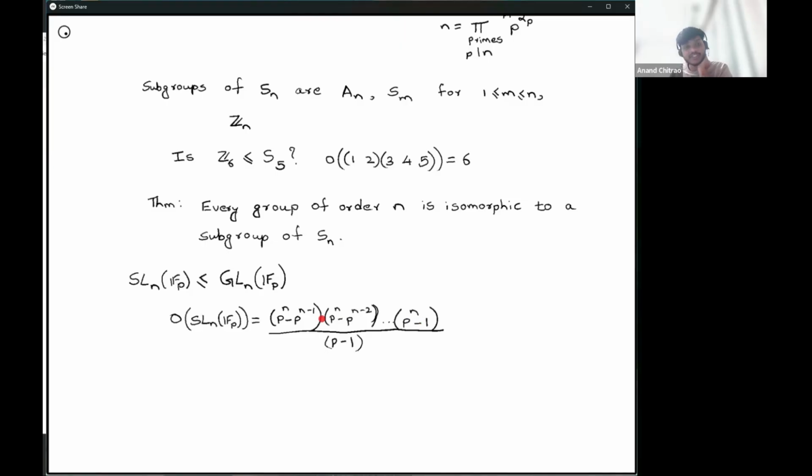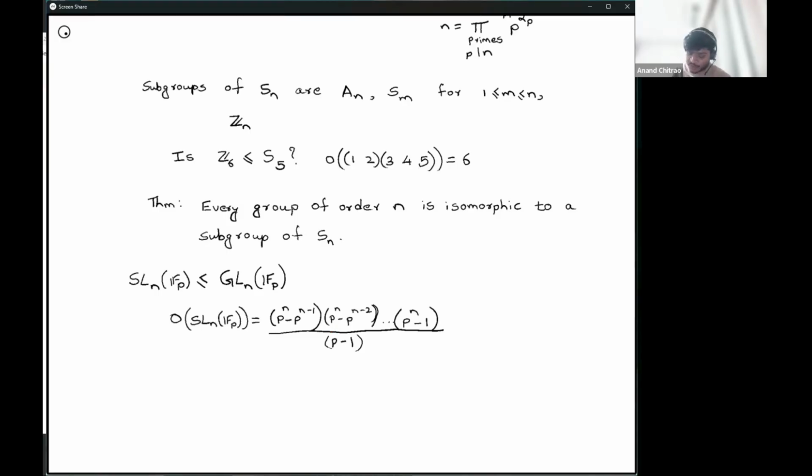The numerator over here is the order of GLn, but then you see that determinant takes p minus 1 values, and doing some tricks with that information, you can show that the order of SL and FP is this quotient. Just remember this and try to prove it.